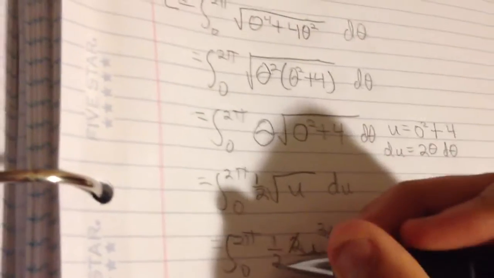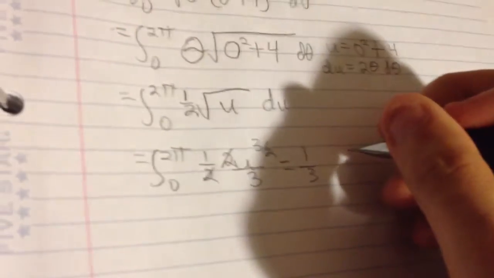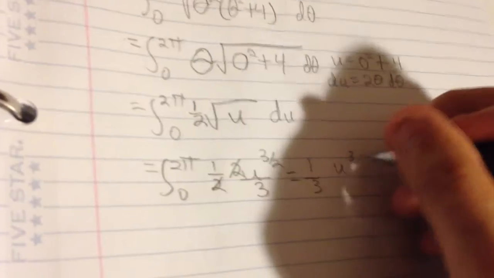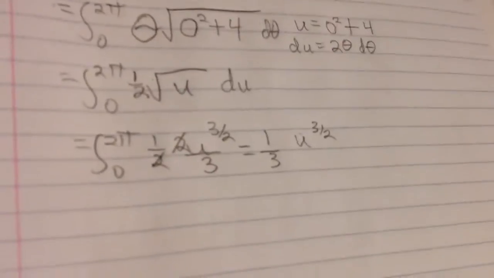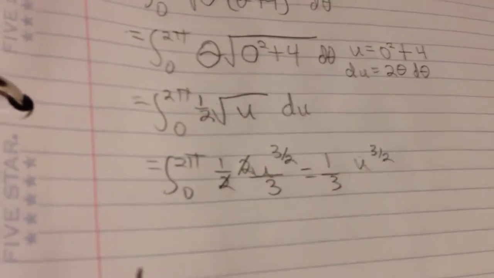And we could simplify that even further. And we're going to get 1/3 u to the 3/2. That sounded wrong. U to the 3/2. And that is your integral.